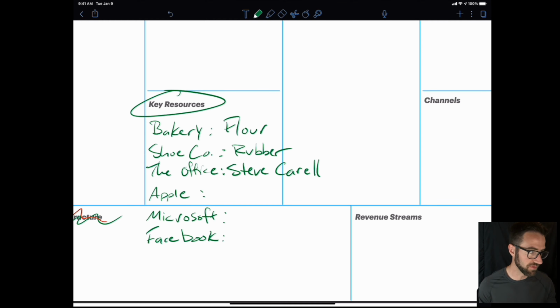Okay, Apple, what I wrote here, what do you think would be a key resource? I'm thinking about their ability to manufacture products. And so I wrote pretty simple stuff like glass, aluminum, I guess silicon.